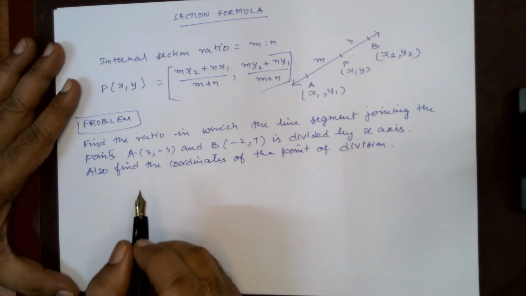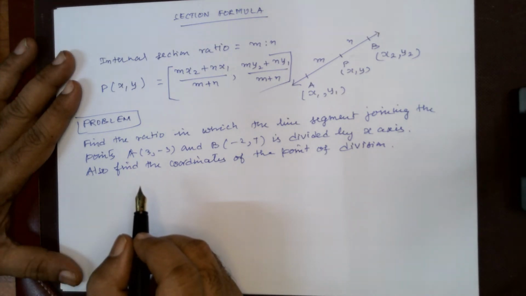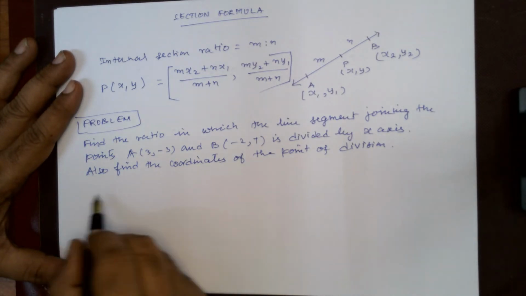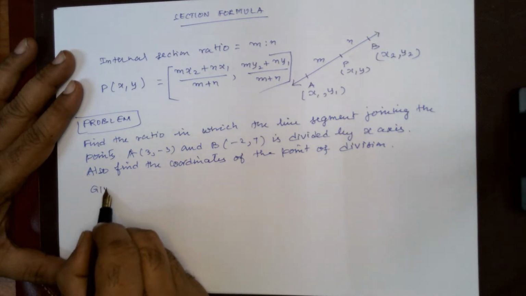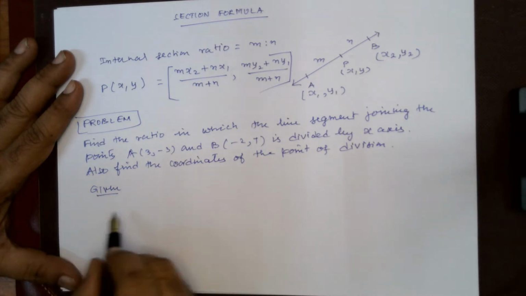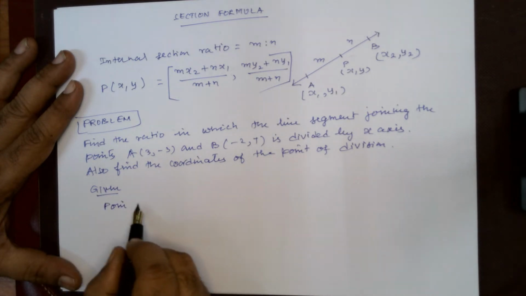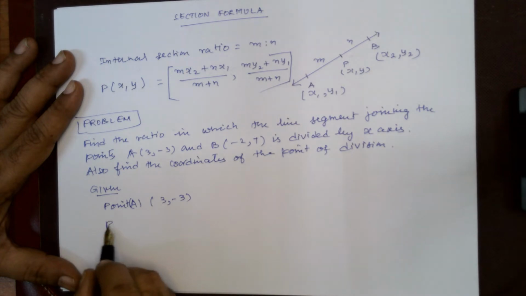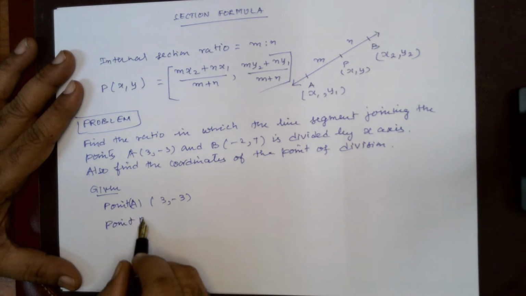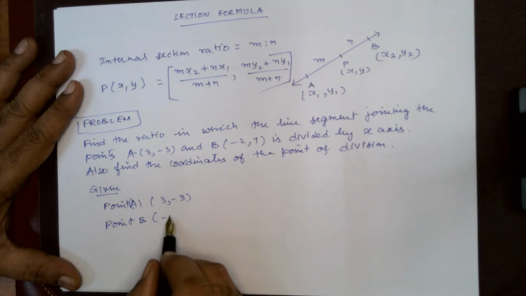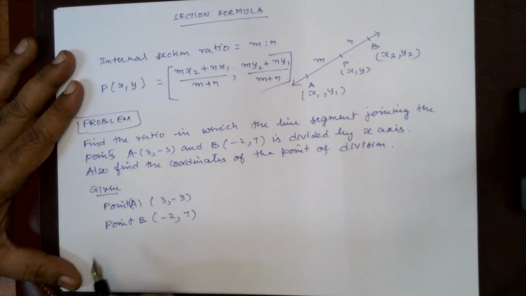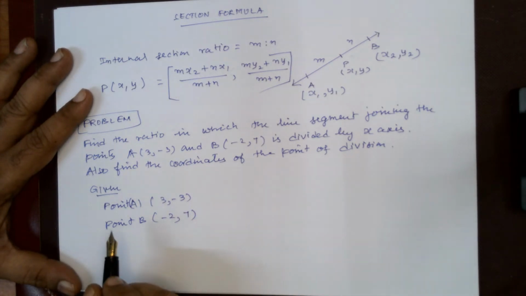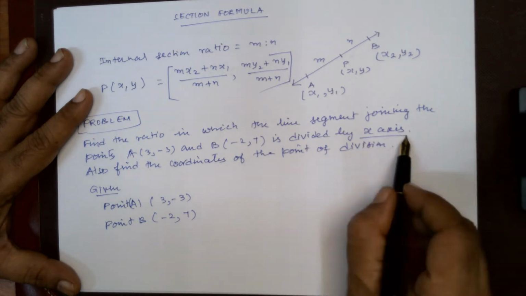Now the points are, given, point A (3, minus 3), point B (minus 2, 7), and it is divided by the x-axis.